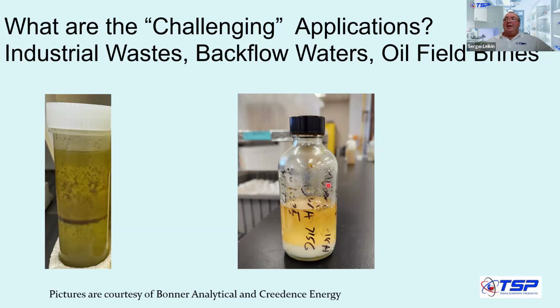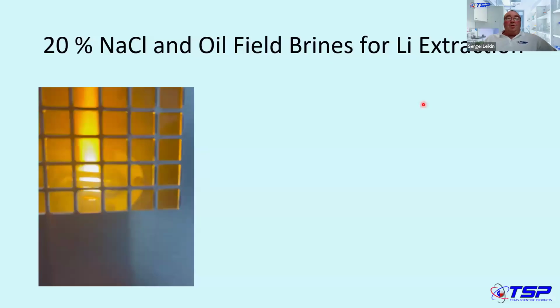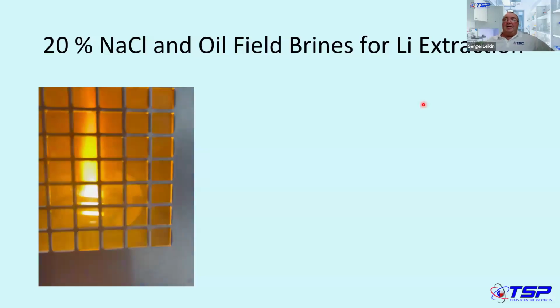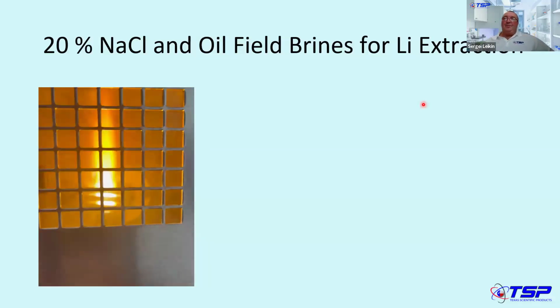The picture on the right represents what we call backflow waters or hydraulic fracturing waters that have extremely high TDS content, used in oil production. In the same category fall all oil field brines used for lithium extraction. So when you start to run something like that, here is the live picture of the plasma.